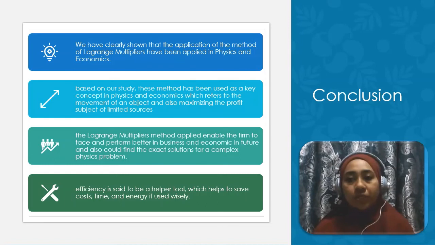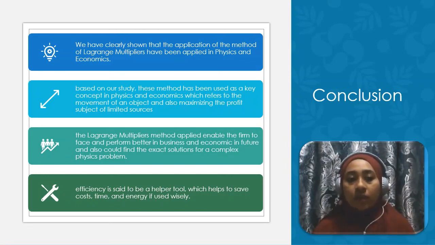For conclusion, we have clearly shown that the method of Lagrange multipliers has been applied in physics and economics. Based on our study, this method is a key concept in both fields: in physics it refers to the movement of an object, and in economics it is for maximizing profit subject to limited resources.